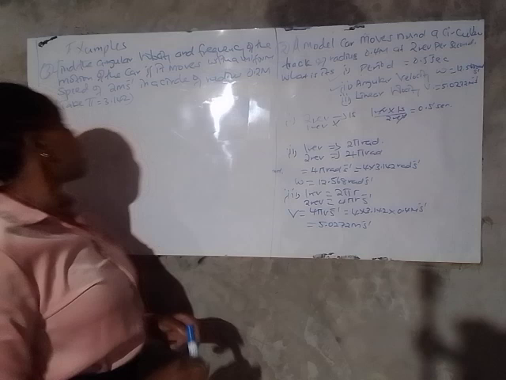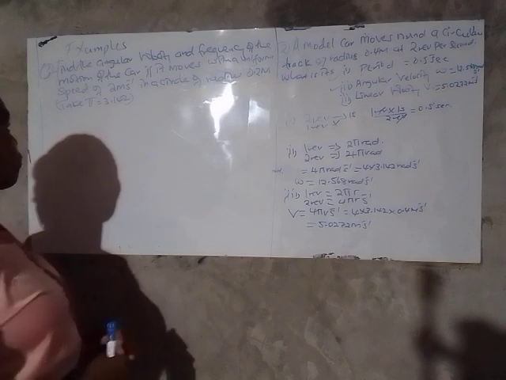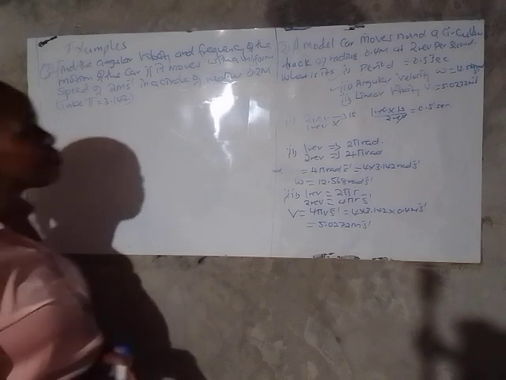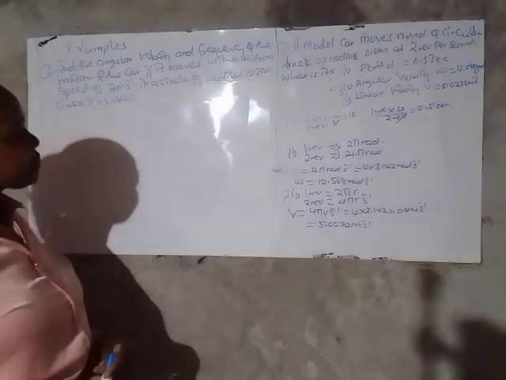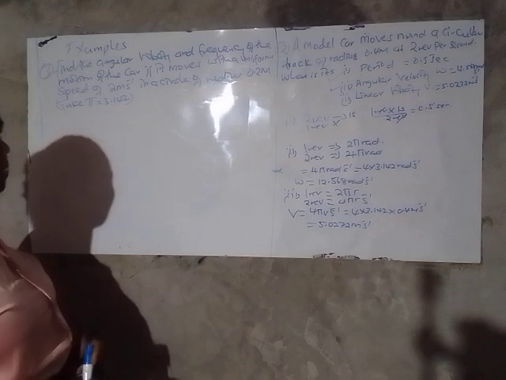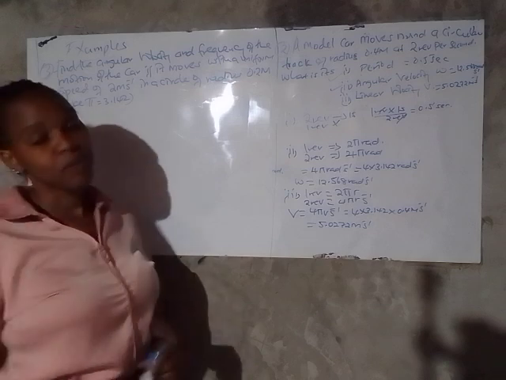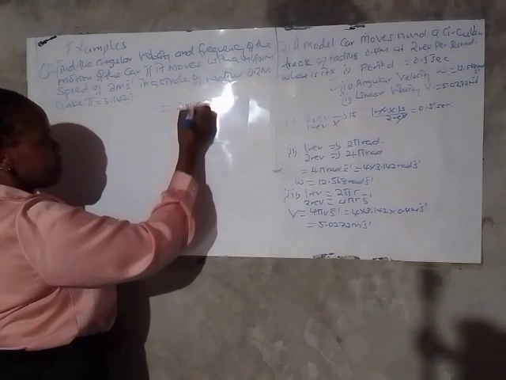So we're told to find the angular velocity, of course omega, and frequency of motion of the car if it moves with a uniform speed of 2 meters per second in a circle of radius 0.2 meters, and take pi as 3.142. Now what we have here is v, linear velocity, 2 meters per second.